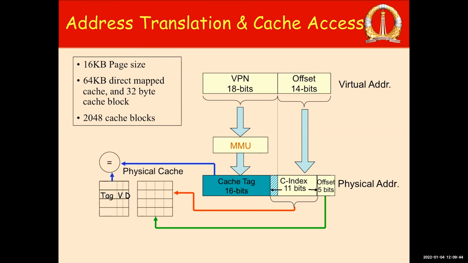If there is a match, then I use the offset bits to get the particular data value. This is what we thought about when we were talking about using the physical address for indexing the cache and for tagging the cache. This is what is also called the physically indexed, physically tagged cache. Typically, this is implemented in the L2 or L3 level. Now, let's look at what happens in the L1 level.